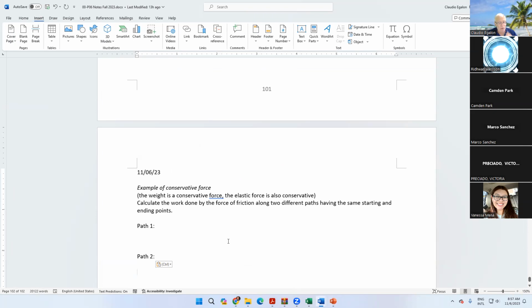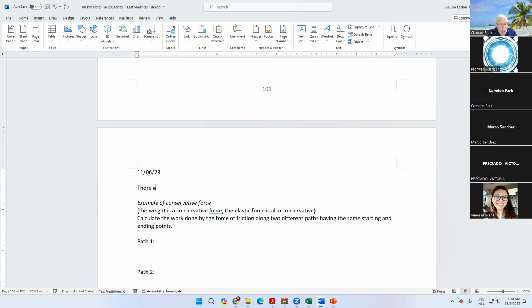Examples of conservative forces. Okay, so for conservative forces, you have no choice but to memorize what the conservative forces are. There are very few of them. Let's write down here at the top. There are very few conservative forces.